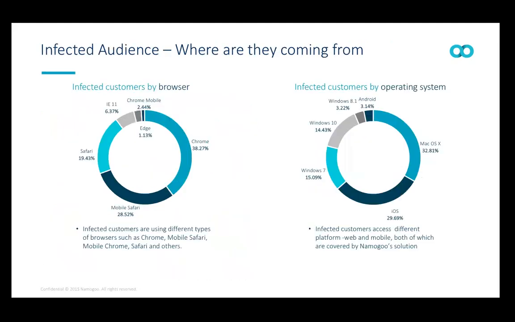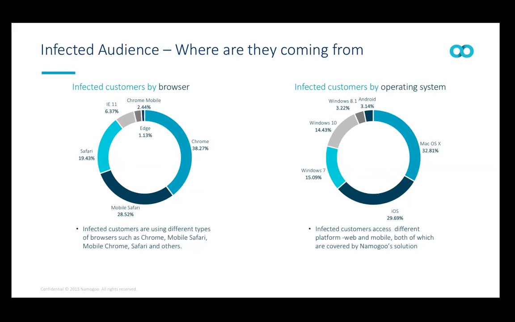Now, if we look a bit further and try to see where those customers are coming from, I'm sure a lot of our assumptions are that it's probably coming from a specific type of device or a specific type of browser. But the reality of what we are seeing from the different customers we are working with is that it's really a variety.